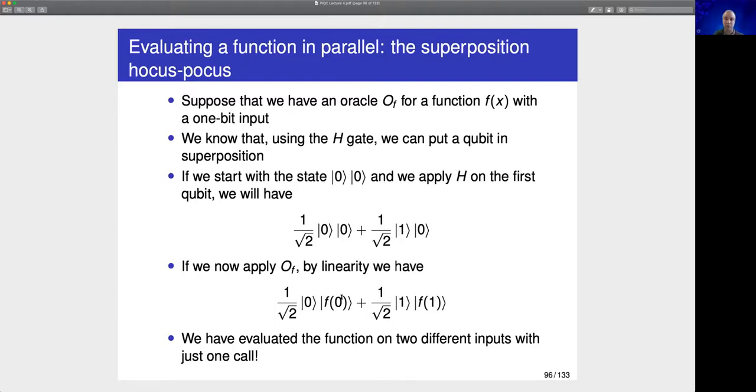Because of the linearity, we can express this value as 2 different terms which are combined in this superposed final state. But I'm only calling the oracle once, and I'm obtaining the result of the function on the 2 possible inputs.